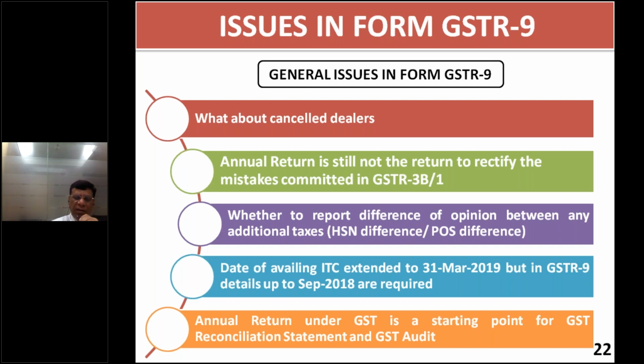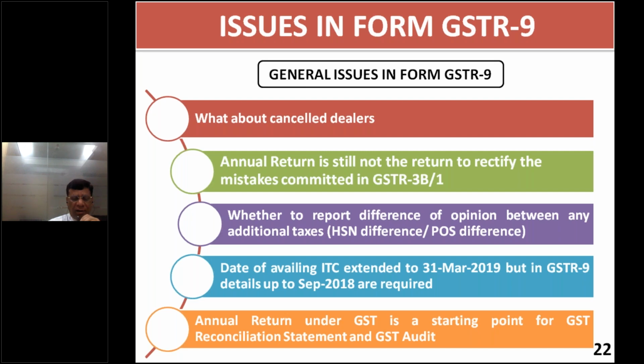So such kinds of variances of valuation and taxability of various transactions may alter the quantum of outward supply as well as the claim of ITC, and a suitable reconciliation is required to be carried out by a professional.